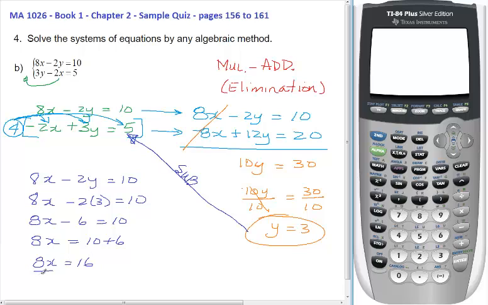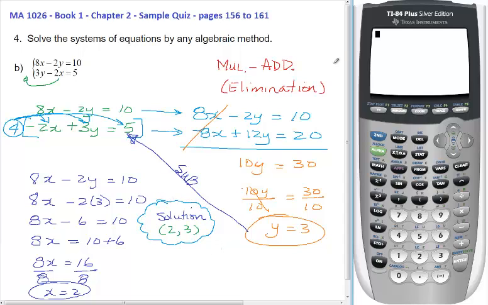Then divide each side by 8, and look what I get: that magic number of 2. Excellent. So the solution to this system is, of course, x first, y second. Remember, the solution to a system is an ordered pair. So there's my solution right here.